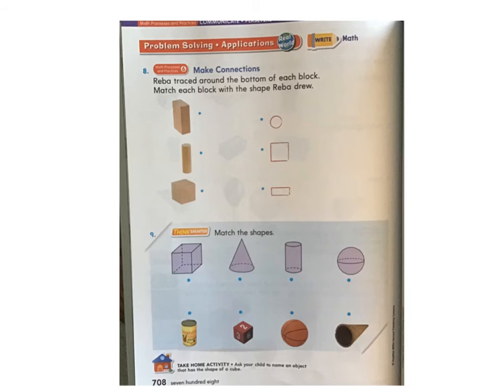All right, here we have to draw a line from the 3D shape to the shape it would make if we trace the bottom of the shape. So it says, Rebecca traced around the bottom of each block. Match each block with the shape Rebecca drew. So if she put these blocks down on a piece of paper and traced the bottom, what shape would she have drawn? Let's start with the rectangular prism.